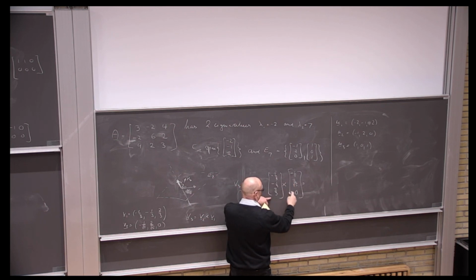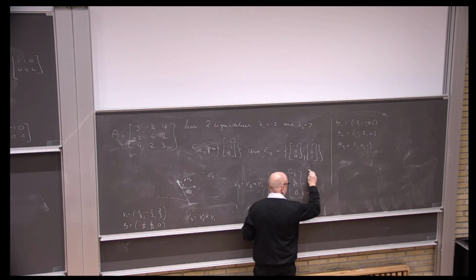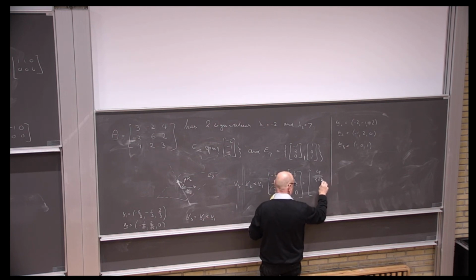So you have to take this, I just write the result. And then finally, minus square root of 5 divided by 3.